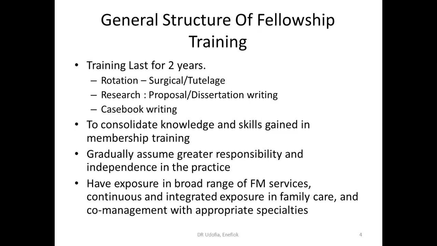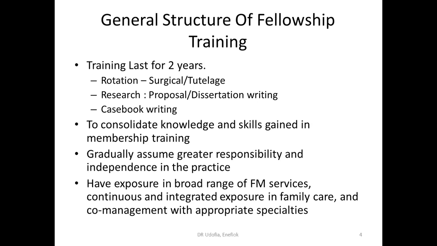And to remind us about the general structure of the fellowship, we know that in the college we have both membership and fellowship. The first 2 years after your primaries is membership, which after passing, you pass on to fellowship. I'm mentioning fellowship here because the writing of the casebook occurs during the fellowship.